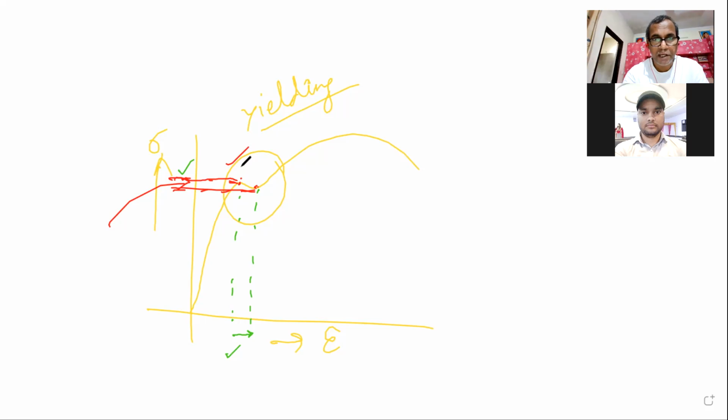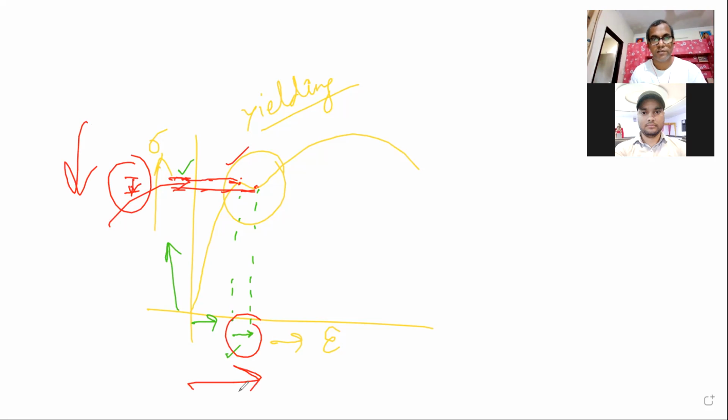Rather, before that, when we were giving force, then we were getting strain. Now what is happening, you will see from this point to this point the stress is decreasing, or I must say the load is decreasing, but strain is increasing.